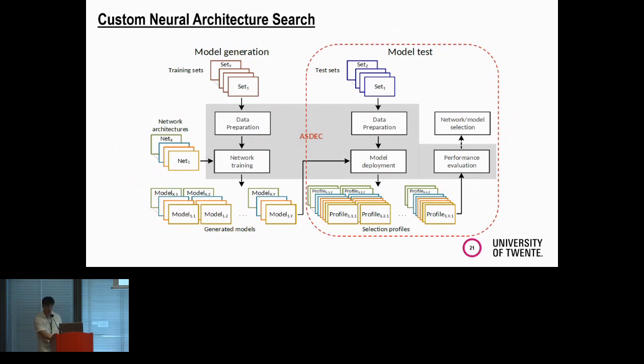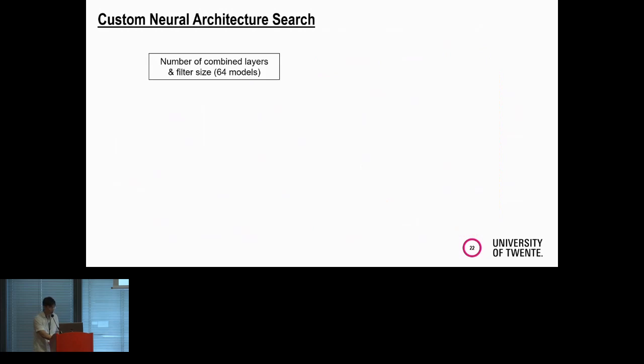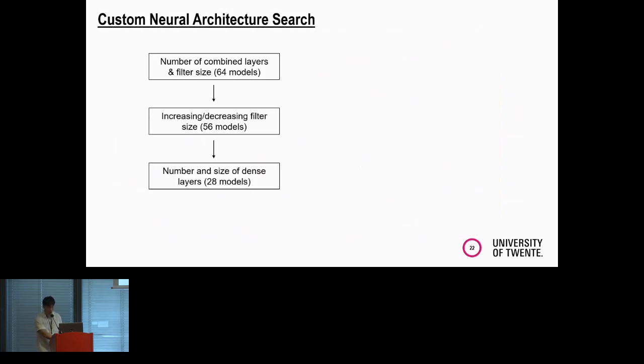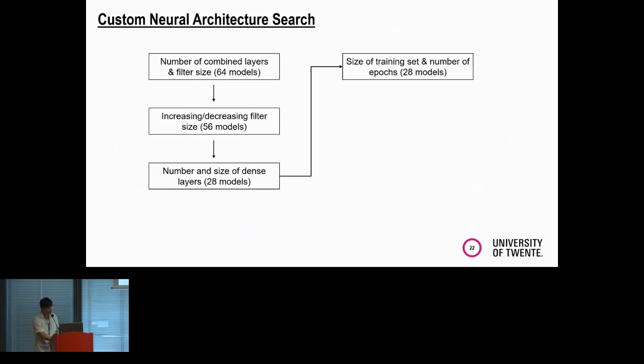So our NAS consists of 6 steps, and in the first 3 steps, we thoroughly explore the convolutional layers, the filters, and the number of dense layers. From the first 3 steps, we obtained 28 candidate convolutional neural network models.